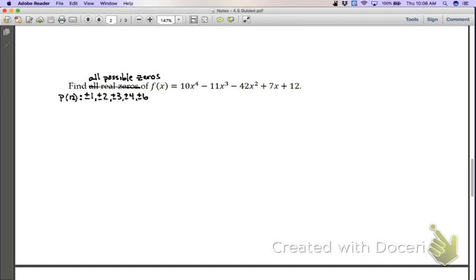Now, I want to do the same thing, but I'm going to do it for Q. What are all of my possible factors for 10? 1, 2, 5, and 10.